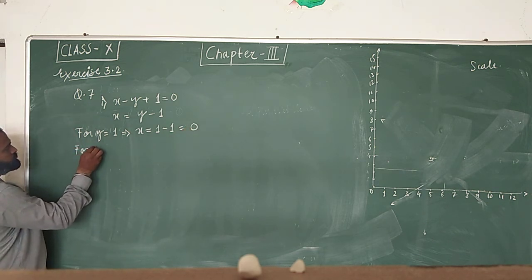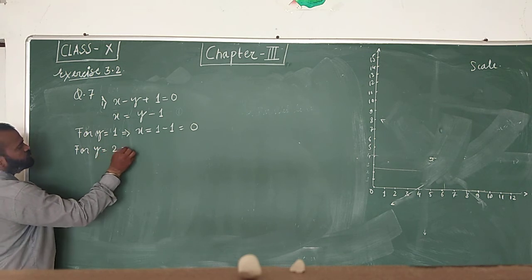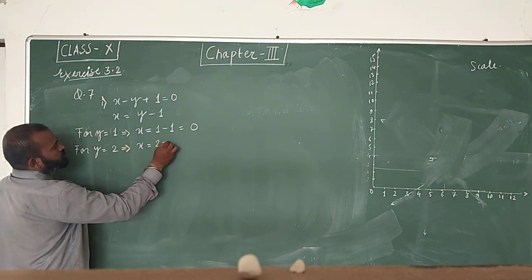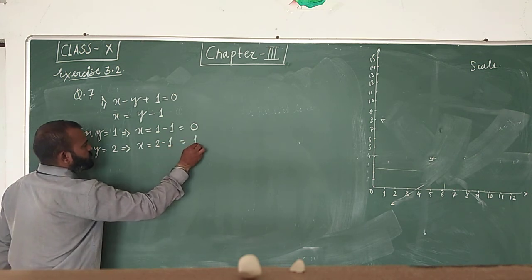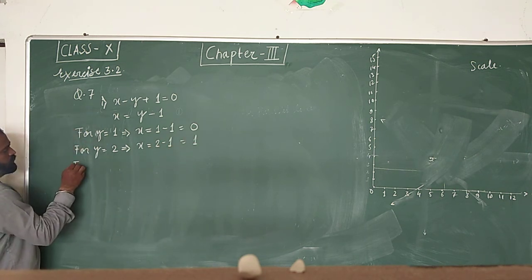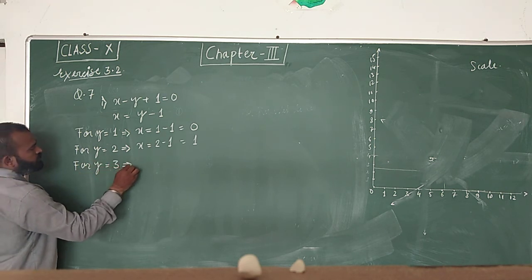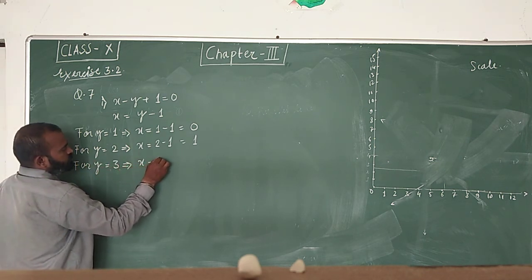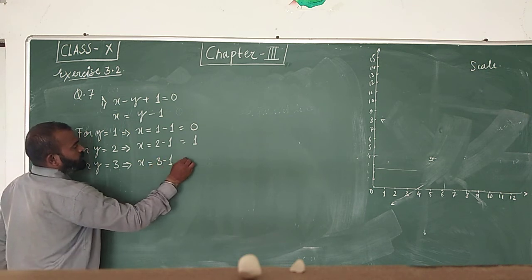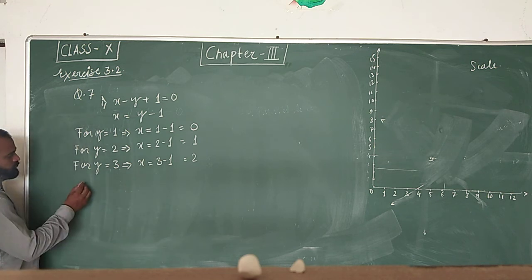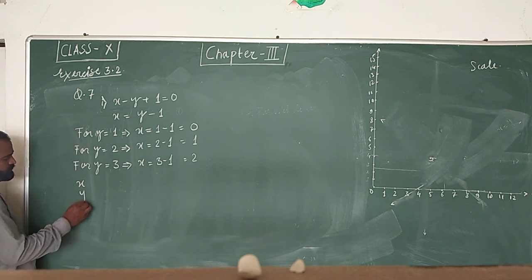For y is equals to 2, what will we get? x is equals to 2 minus 1, that is 1. For y is equals to 3, that is x is equals to 3 minus 1 equals to 2. Now the table for it will be x, y, x comma y.